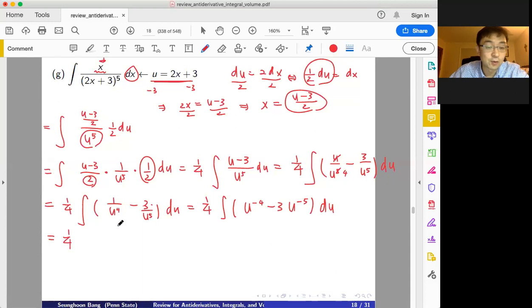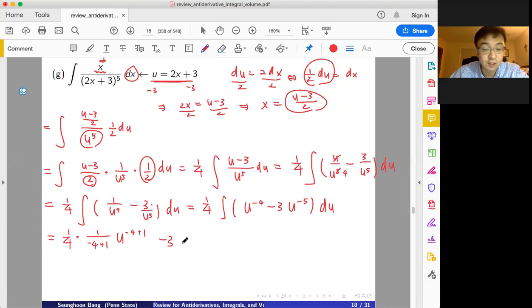Here, keep 1 over 4 and find the antiderivative. The antiderivative of u to the minus 4 is exactly 1 over negative 4 plus 1, u to the negative 4 plus 1. Oh, one more, sorry. Keep negative 3.